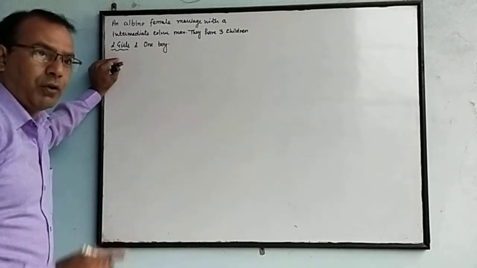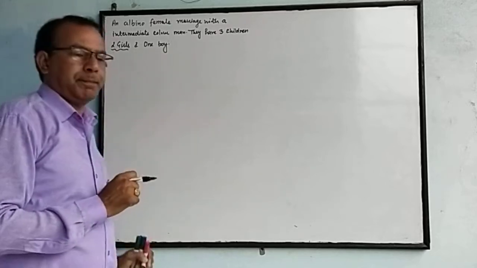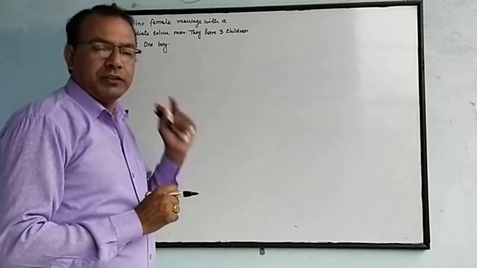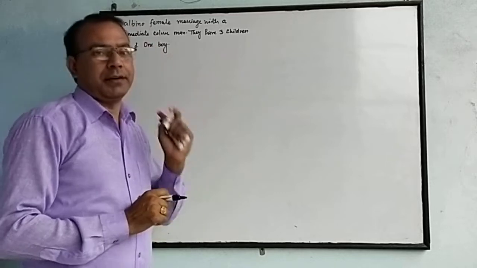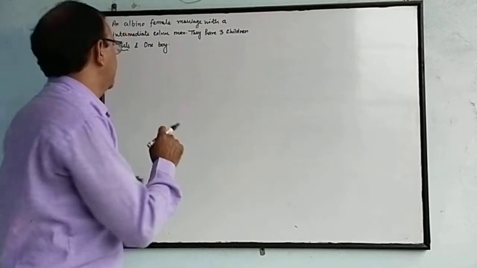The first girl of this progeny marries another intermediate color man. Then they got an albino son. Make the genotype pedigree chart of this family.